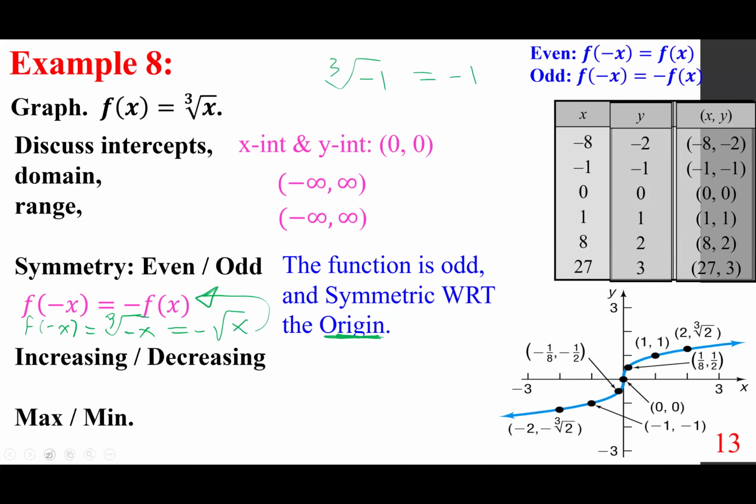Now, what it means is that if you pick any pair and draw a line segment to the origin, if you continue, it gives you another pair on the graph. Pick any point.